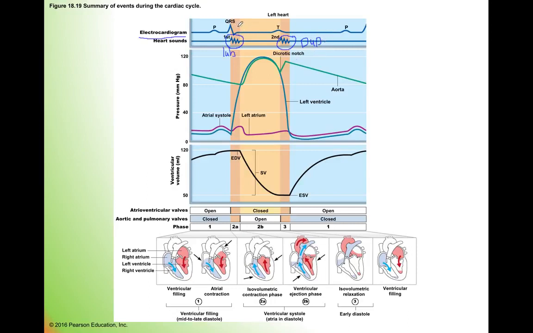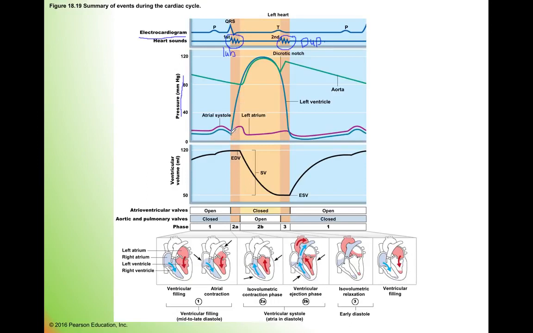So AV valves closing, semilunar valves closing. The other line that is really important in this graph is the pressure associated with your ventricles. Now I don't really want you guys to know all of the lines here, but the really important one is the pressure built up as you start to contract your ventricles. So notice here, lub means the AV valves are closing as the ventricles start to contract.